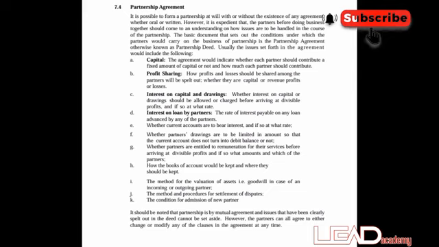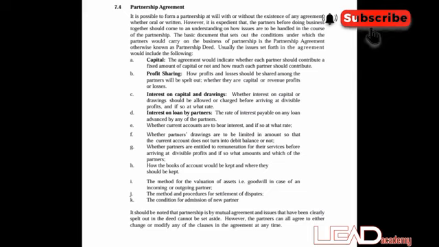The partners will have to input the name of the business and the general nature of the business: what is the business all about, are they manufacturing, selling, or just rendering service, what kind of service or product are they selling. That's the nature of the business.